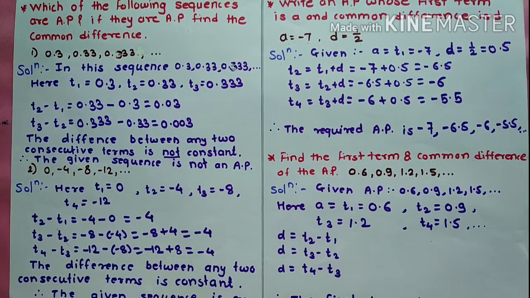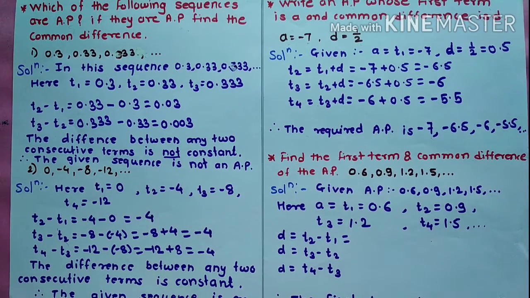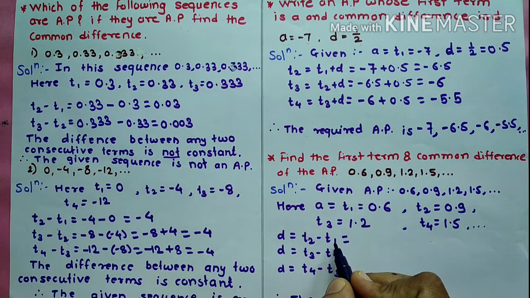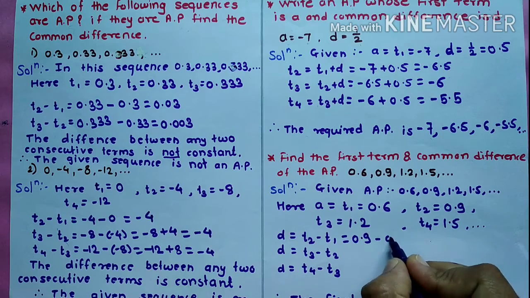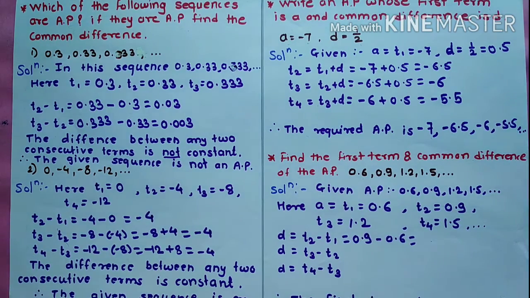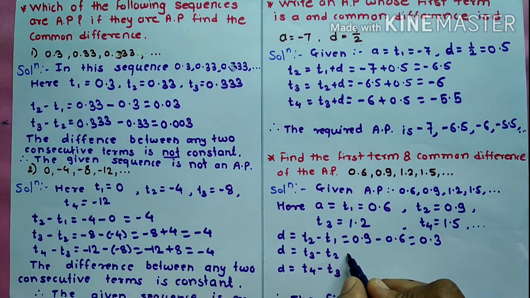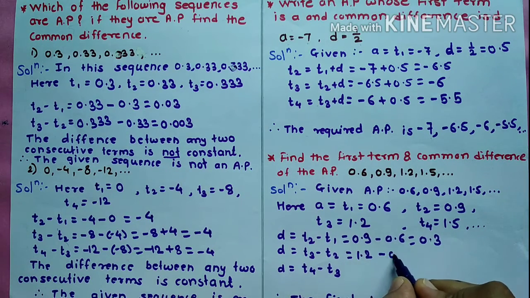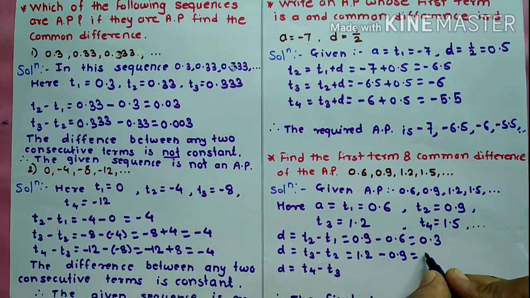Now we have to find the common difference. The common difference is the difference between two consecutive terms. Therefore, we find T2 minus T1. T2 is 0.9 minus T1 which is 0.6. 0.9 minus 0.6 equals 0.3. Next T3 minus T2. T3 is 1.2 minus T2 which is 0.9. 1.2 minus 0.9 is 0.3.